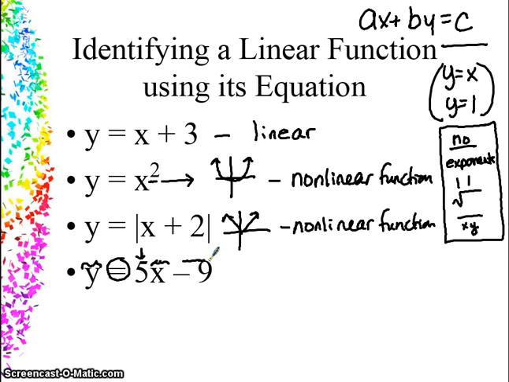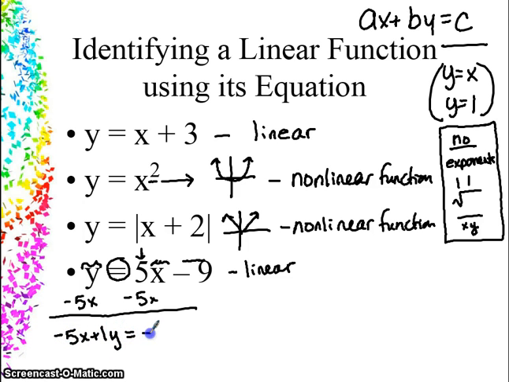So this would create a linear function, and we could write this in standard form if we wanted. If we took this and subtracted 5x from each side, we'd have negative 5x plus 1y equals 9, which fits the standard form layout. So this is an example of a linear function.